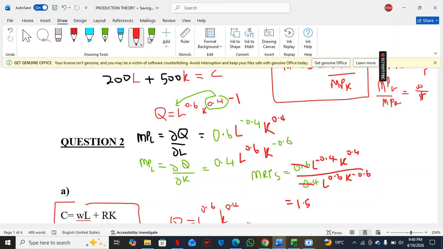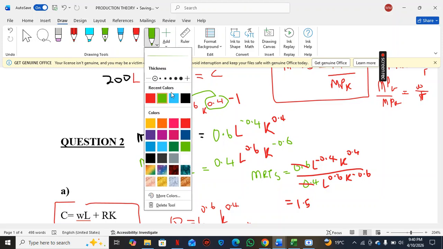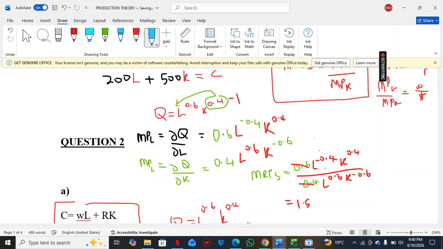Then here, we're going to use the laws of indices. L to the power negative 0.4 divided by L to the power 0.6. So you subtract these indices: negative 0.4 minus 0.6.